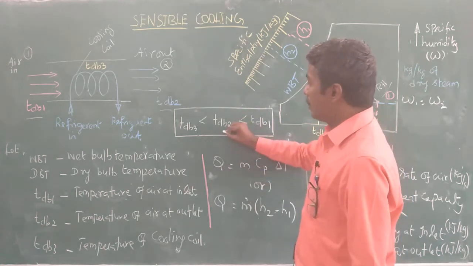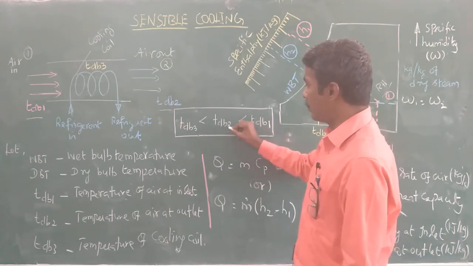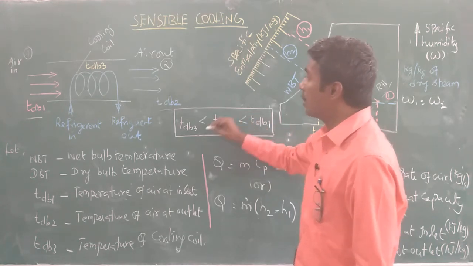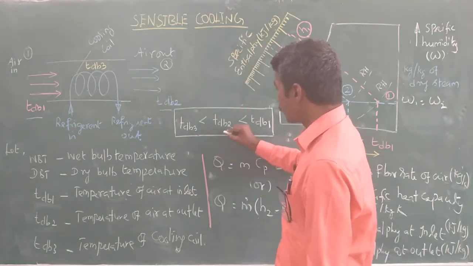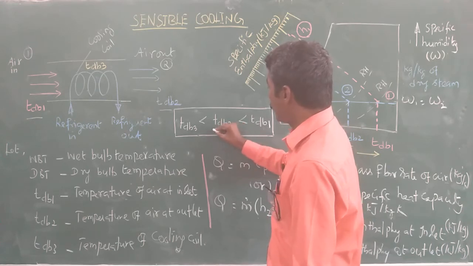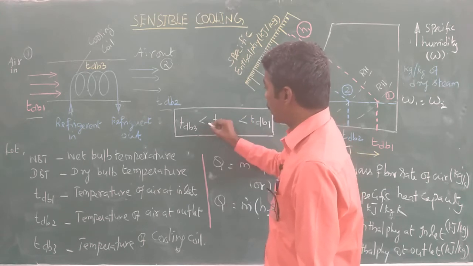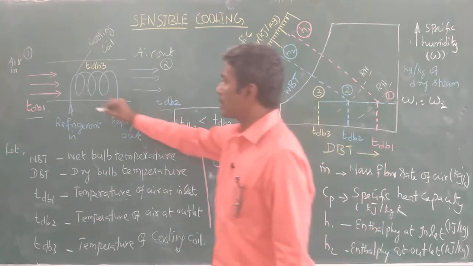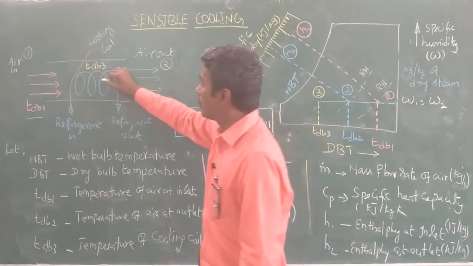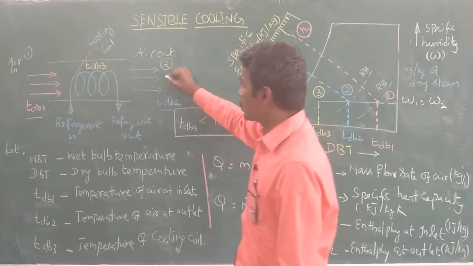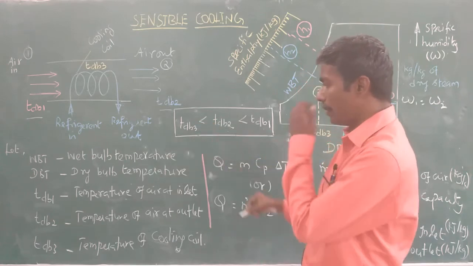TdB2 is the outlet temperature, it will be lower than TdB1, the air entry temperature. Then the cooling coil temperature is further lower. The outlet temperature is greater than that of the cooling coil. Why? Because some of the air is not having contact with the cooling coil, so it is bypassing the coil. So the temperature of the outlet air is somewhat greater than that of the cooling coil. That is the main reason for this.